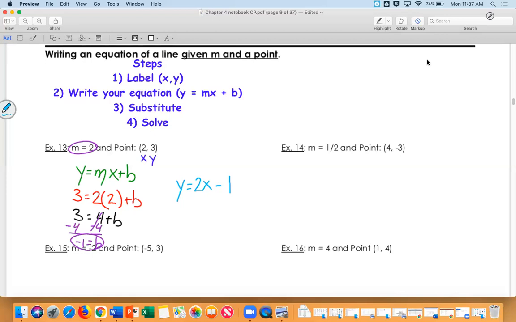Remember the IXL last week, where we were just filling in m and b? I told you what m was and what b was, and you just plugged it in. We're doing the same thing.